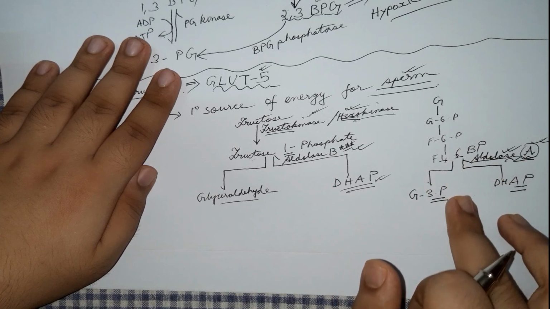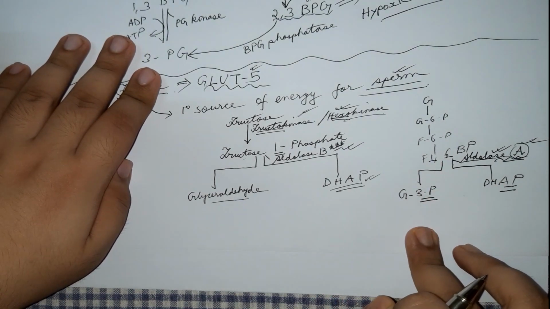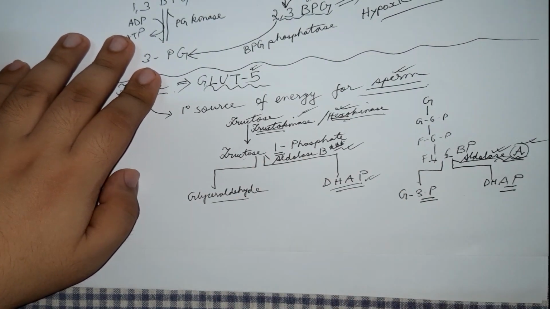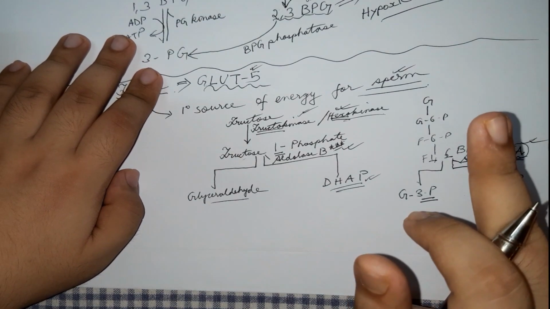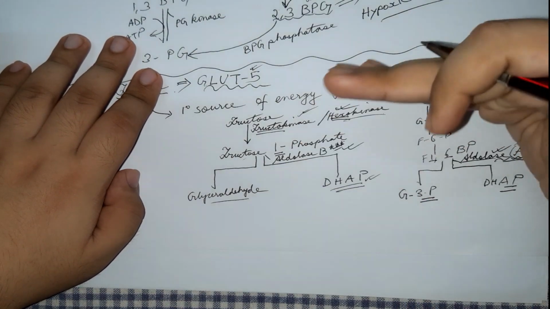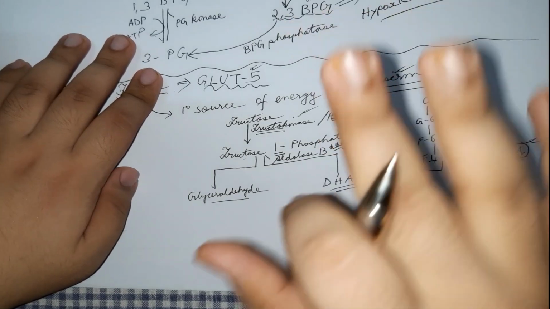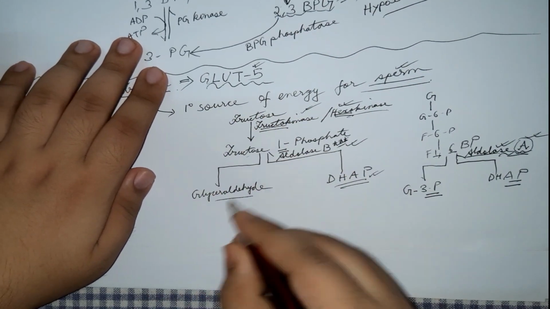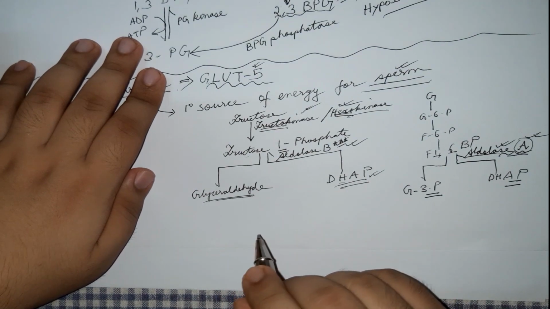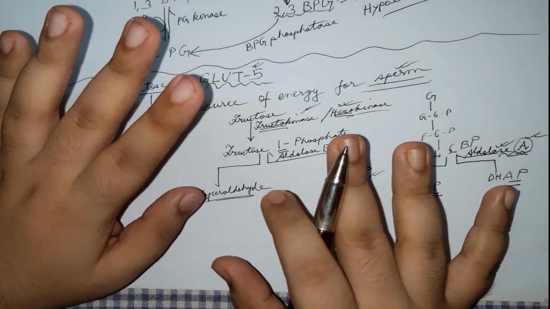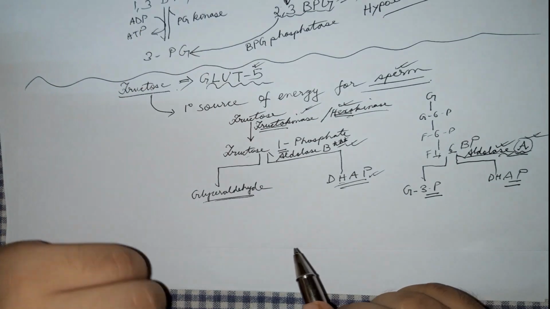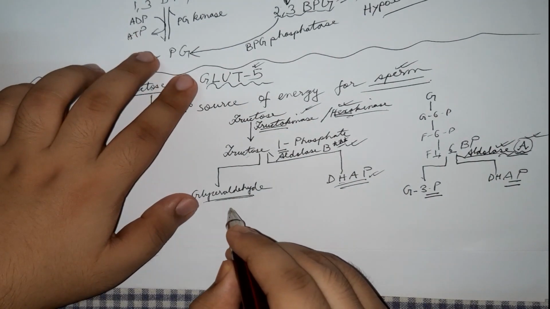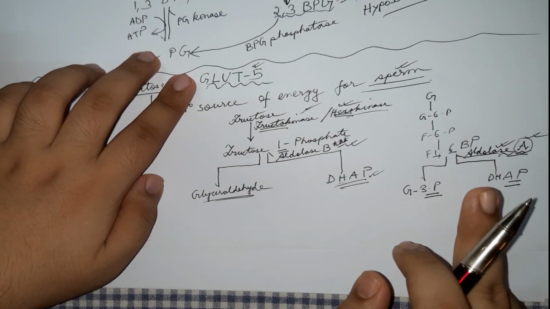Because if they form any one of the intermediates, from that intermediate onwards glycolysis will continue. Prior to that intermediate, what occurs? That is the thing that I am trying to talk about. So have we caught on to any of the intermediates yet? Yes, we have. We have caught on to dihydroxyacetone phosphate, but glyceraldehyde is not yet converted to glyceraldehyde 3-phosphate.